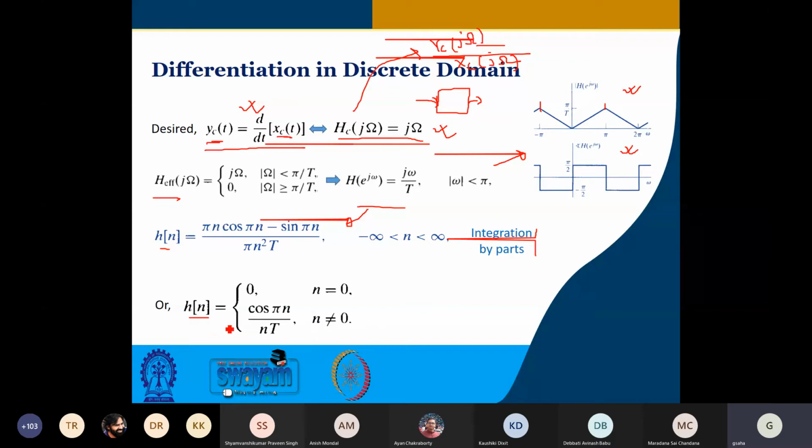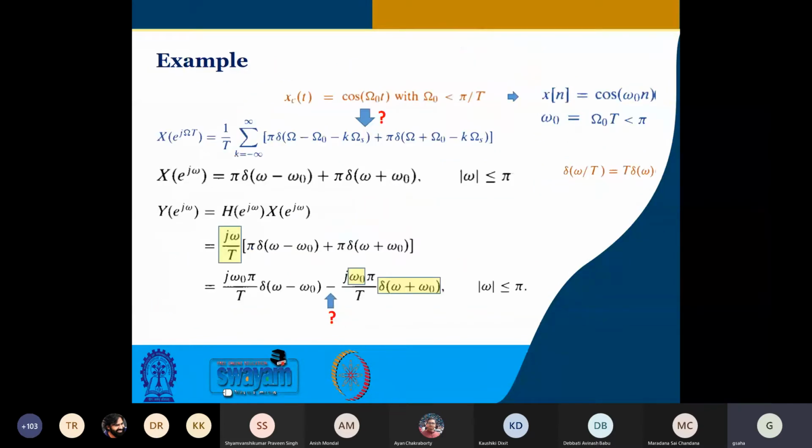It is not ideal, but assuming that you are able to generate very large values of n by some means, and you have an ideal system developed, then how is it doing the differentiation? Let us look at an example of this.